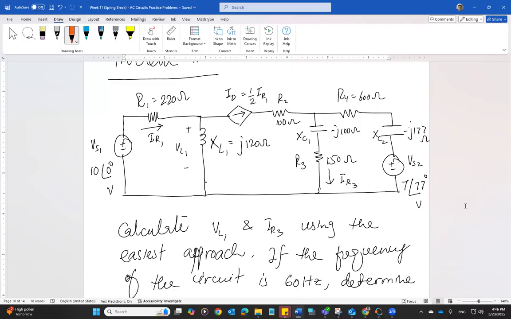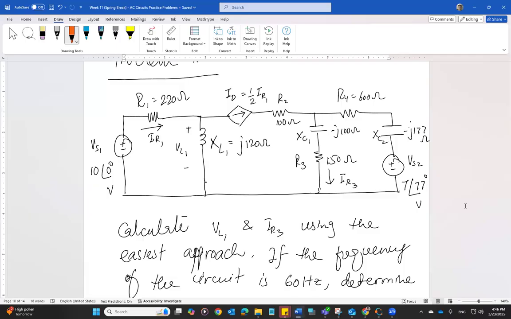Easiest approaches can be nodal analysis, can be mesh analysis, because in either case, you are going to get two equations. So again, it's your call what you want to apply. I know most of you are comfortable with mesh analysis, and you're most likely going to apply mesh analysis.